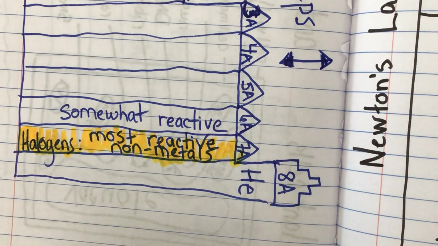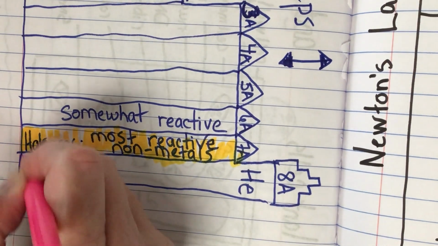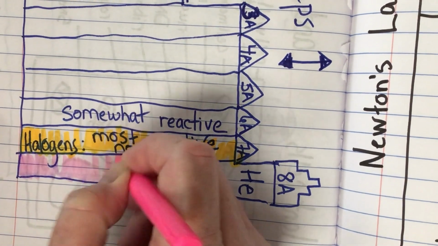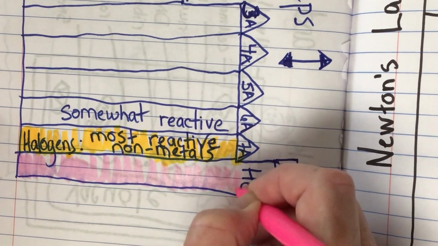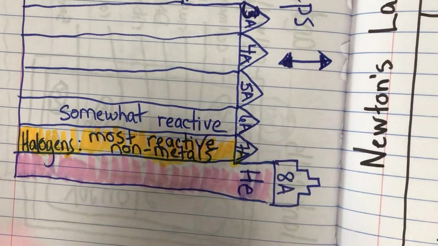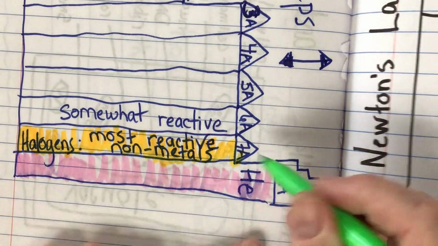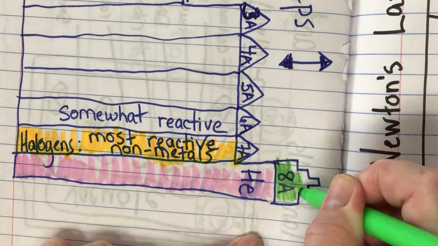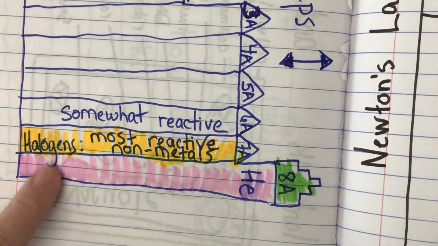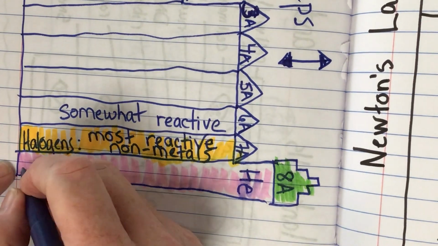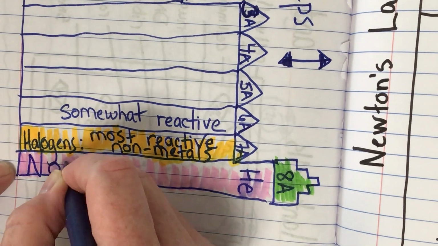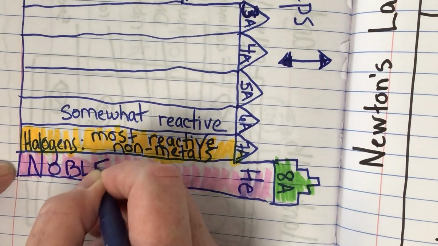And then these are super special. They have a castle over their house, don't they? I'm going to make that castle green just because. Okay, these guys right here have a name called the noble gases.